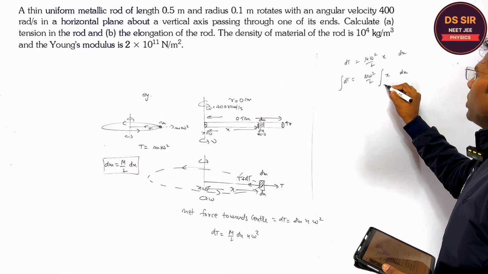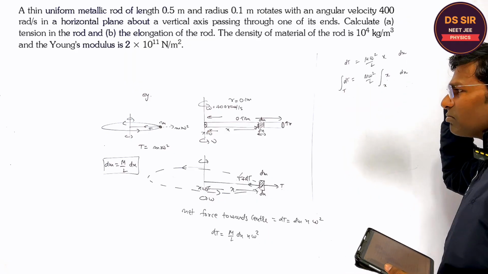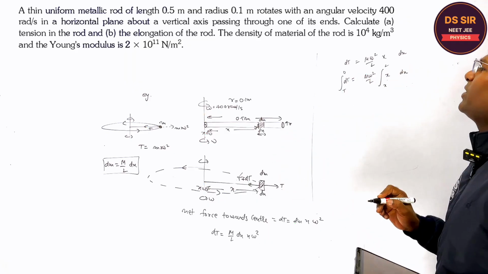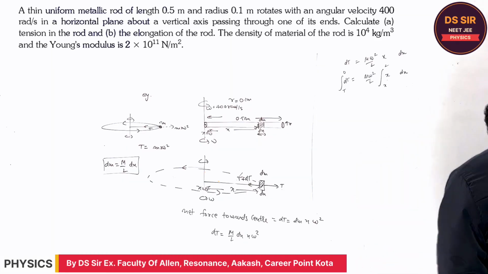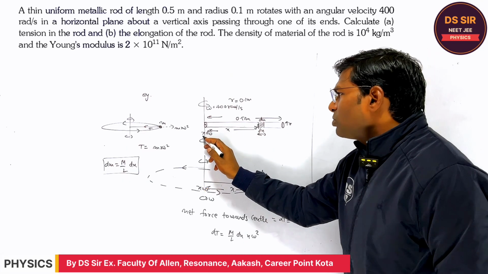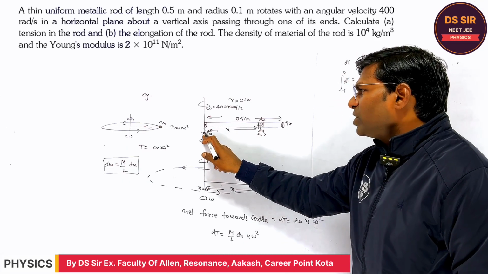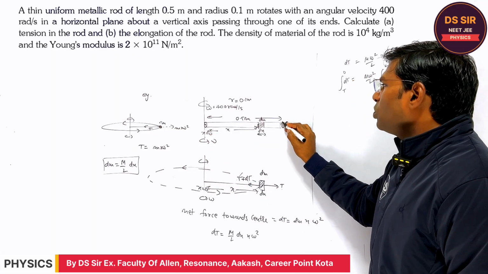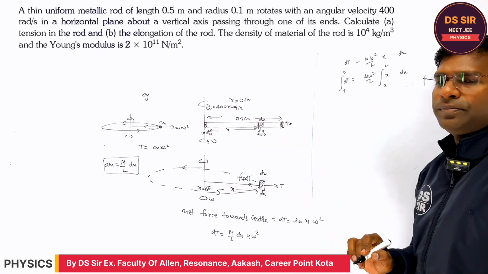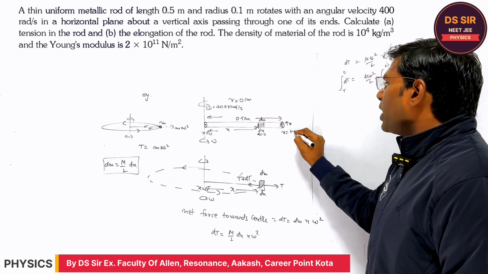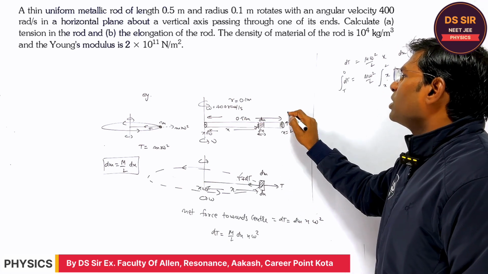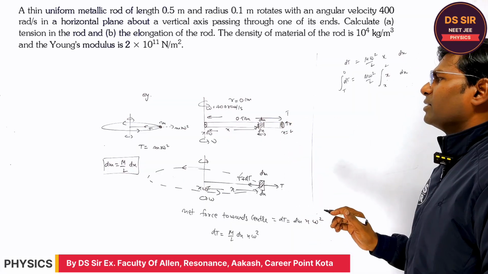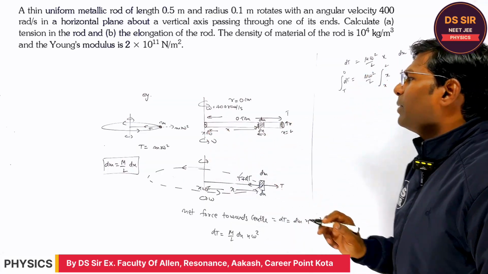At x is equal to x, the tension is T, and at x is equal to L, the tension they have taken 0. They are not integrating from 0 to L, because we know the tension at this point. At x is equal to L, what is the tension? Tension is 0 because there is no mass present this side. The tension is maximum at the other point.